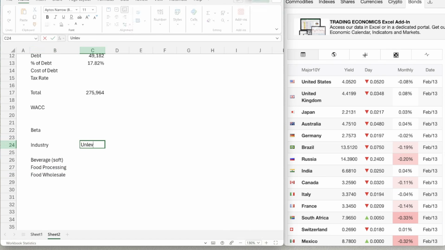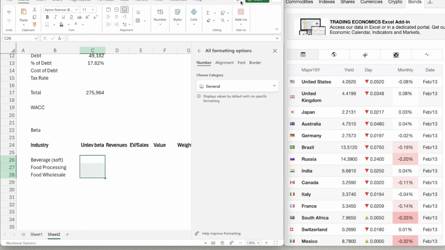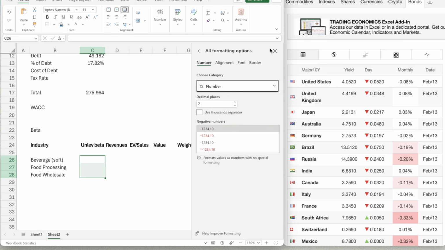We want to know what the unlevered beta for these are. Then we want to know the revenues. Then the EV to sales, which will give us the value. Then we get the weighted beta. We need the unlevered beta to 2 decimal places.